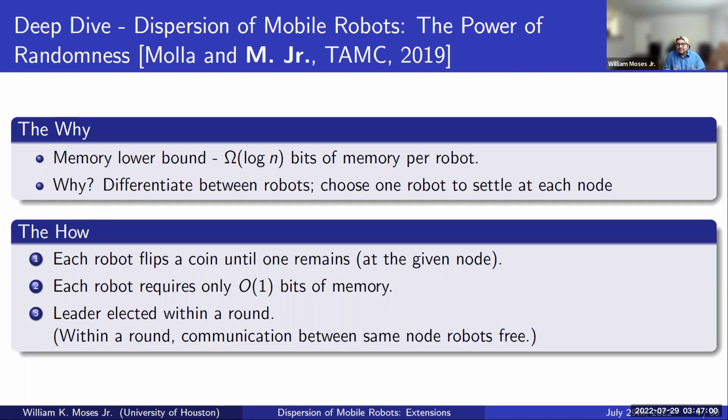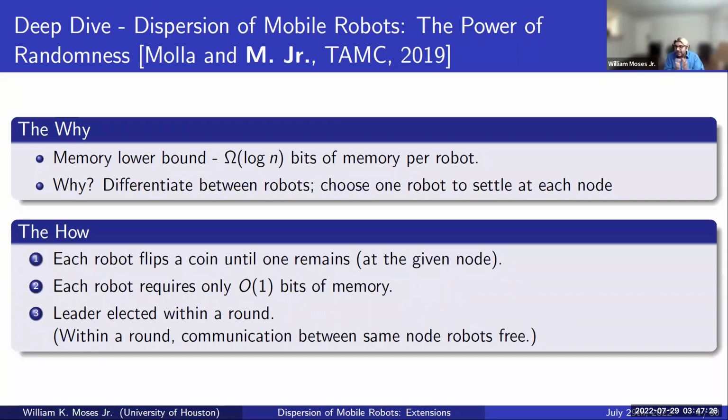Eventually, with high probability, exactly one robot will flip heads, and that robot can choose to stay at the node. All you need to do is remember the result of the previous coin toss, and remember if you're allowed to participate in the next coin toss. So each robot just needs O(1) bits to make this happen. And a leader can be elected within a given round.